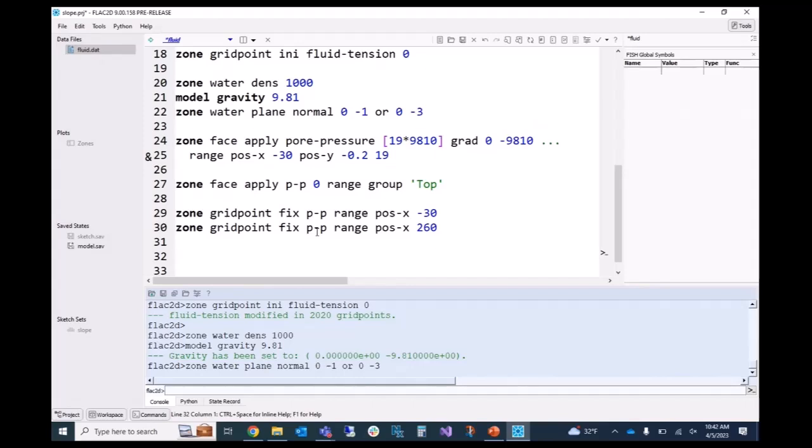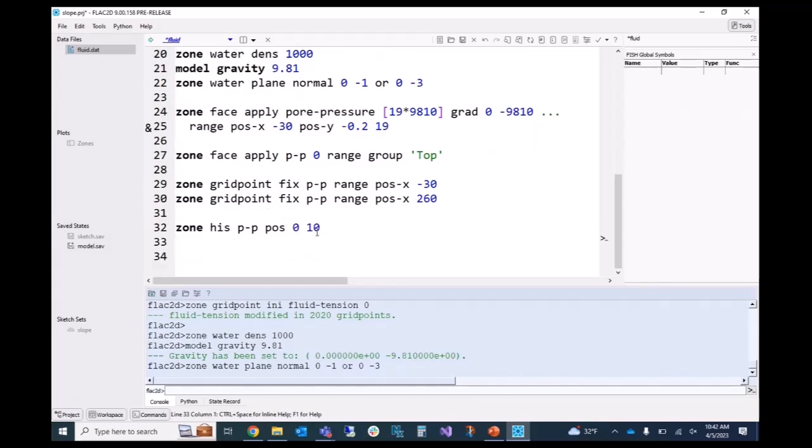Okay, we're almost done here. We can set up some histories because you want to watch the pore pressure change with time. I can say zone is short for history, pp short for pore pressure, pos short for position. You can see how you get lazy after you've been doing this for a while. You don't type out the whole words, right? Zone hist pp pos, and I'm going to put one at 0, 10.